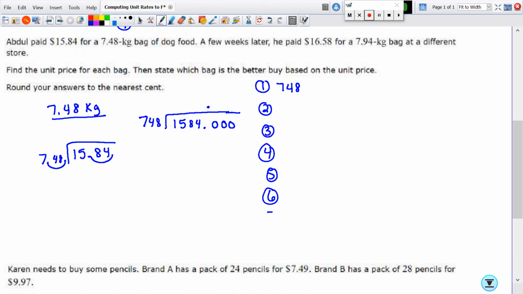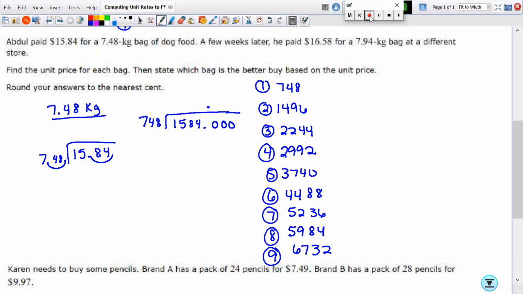So you won't have to do a lot of guessing in the end if you take the time to make this list to start out with. So I'm going to do 748 plus 748. I've started with the number I'm dividing by and add that each time. So 748 plus 748 is 1496. 1496 plus 748 is 2244, all the way down.